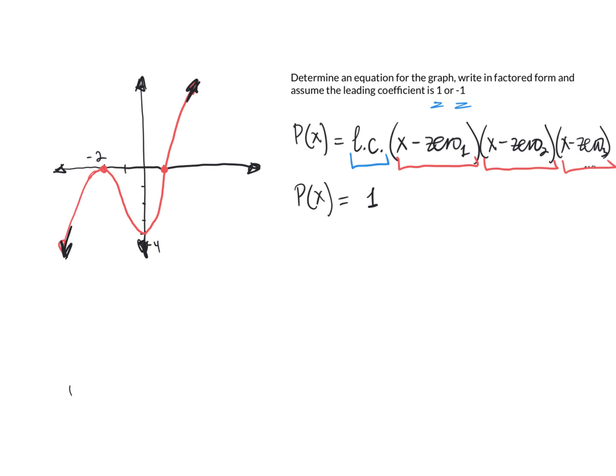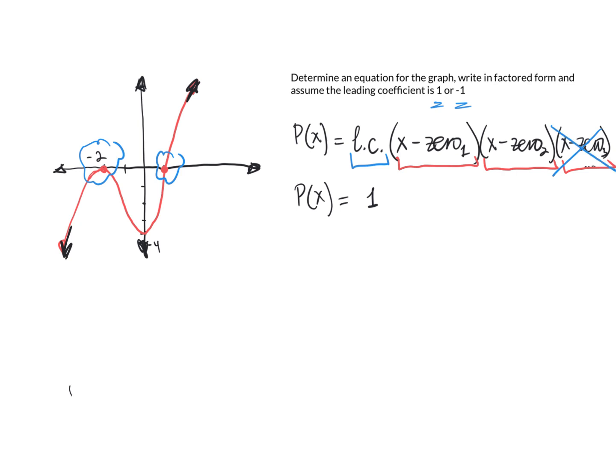But zeros of a function are found wherever your function crosses the x-axis. Our function crosses or touches the x-axis at 2 points. The first one is this -2, and the second one is this +1. And that's it. We don't have any more zeros. So the third one will not be present here.